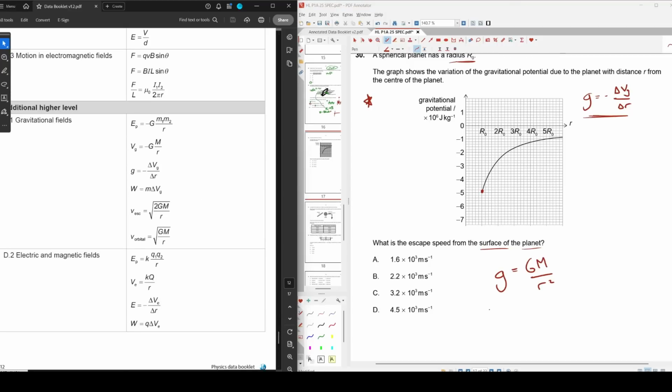Okay, the escape speed is the square root of 2GM over r. So can I do something with that?